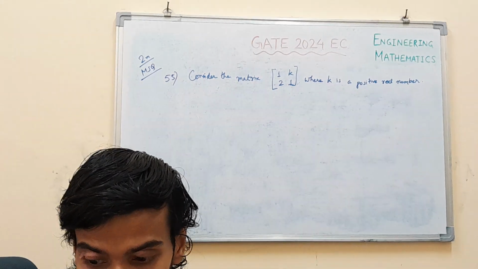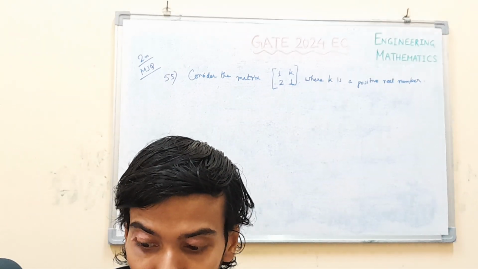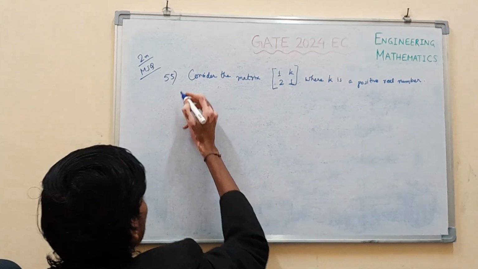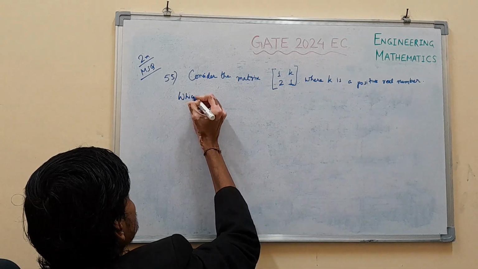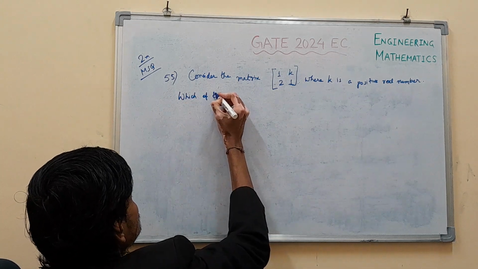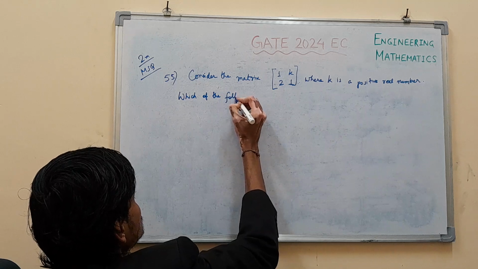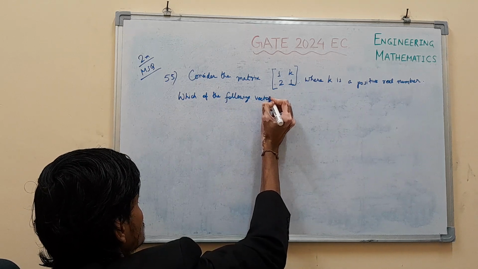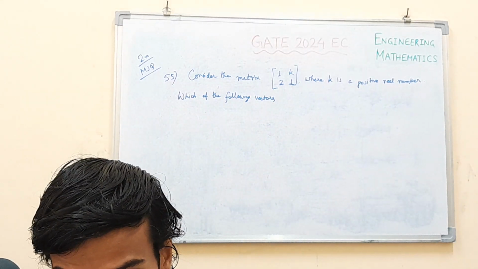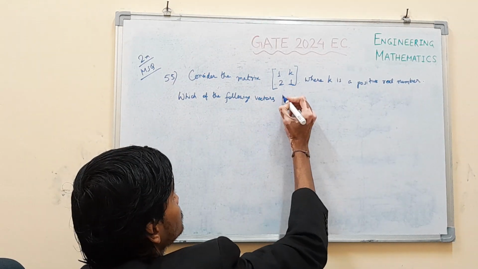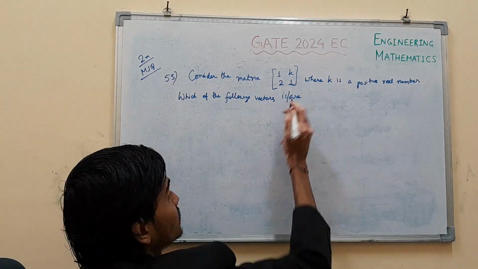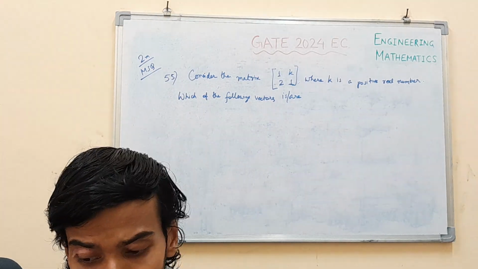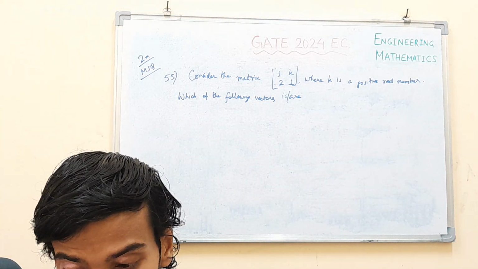Okay. The question is, which of the following vectors is or are, as it can be one or more than one correct, eigenvectors of this matrix.